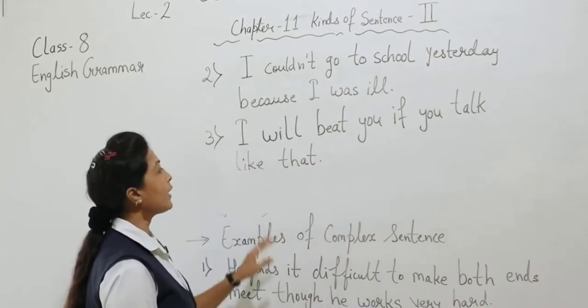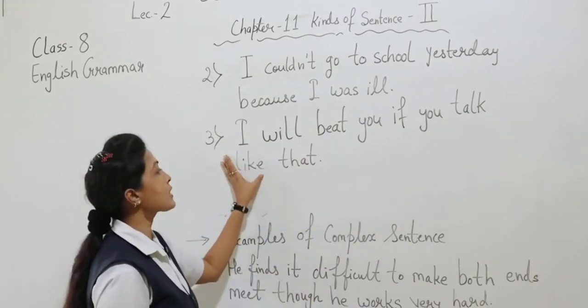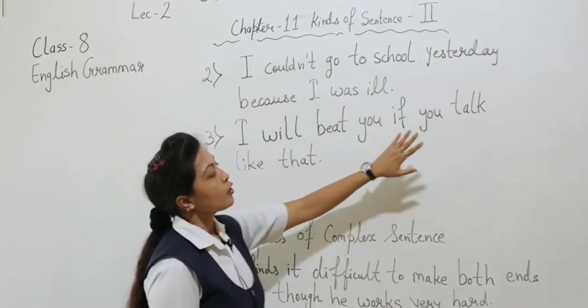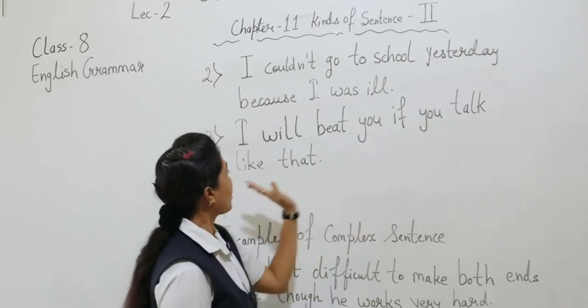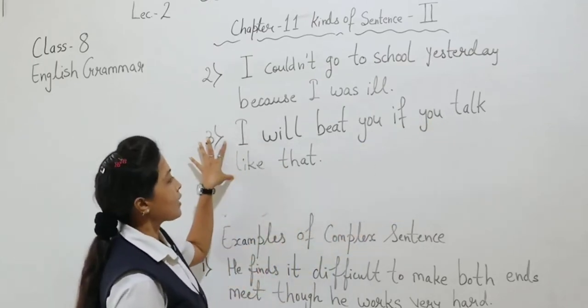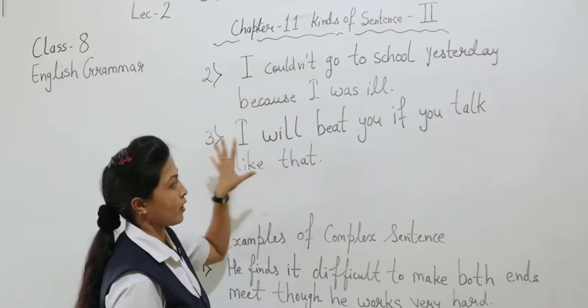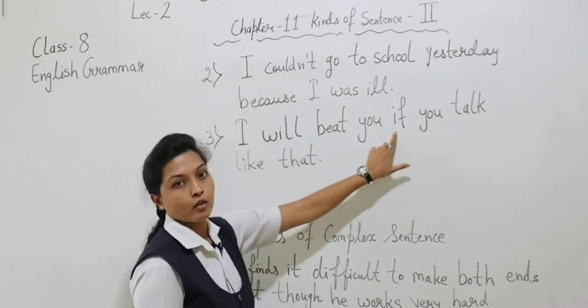So here we see two parts, I will beat you, and the second one, you talk like that. These two parts are joined by the subordinate conjunction if.